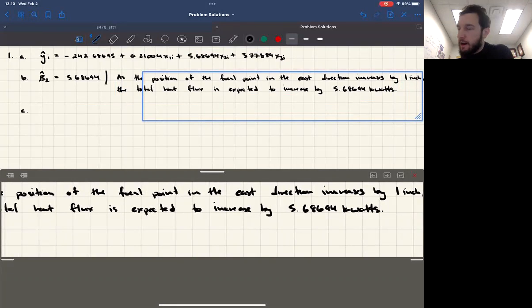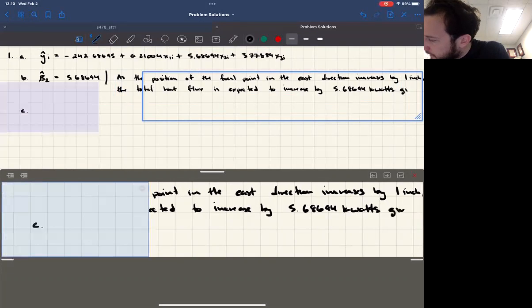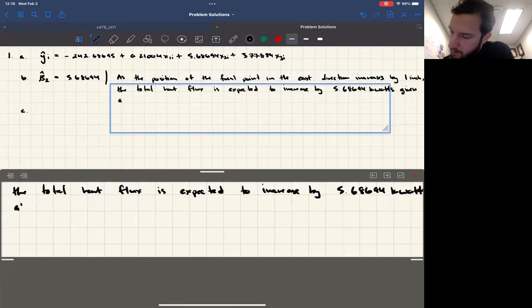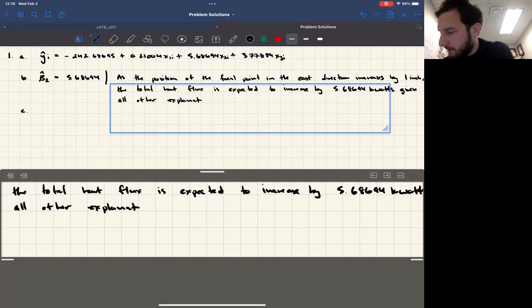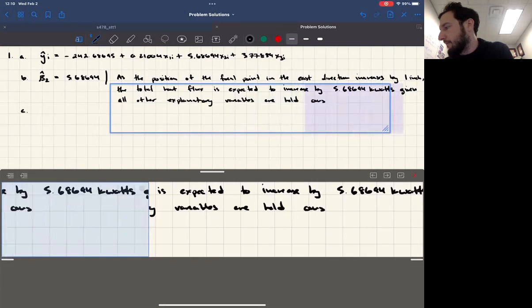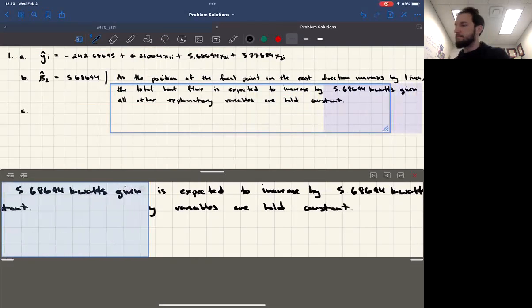Now, I forgot, this is an MLR model. So this would be true given all other explanatory variables are held constant.